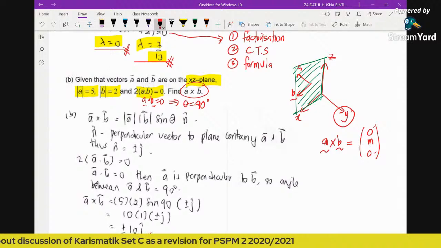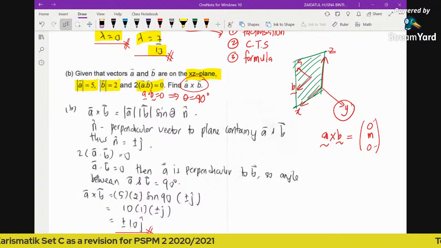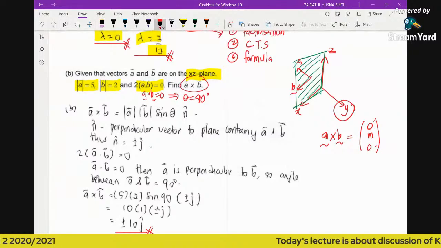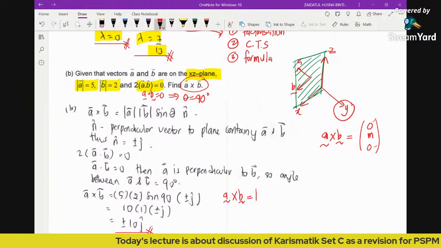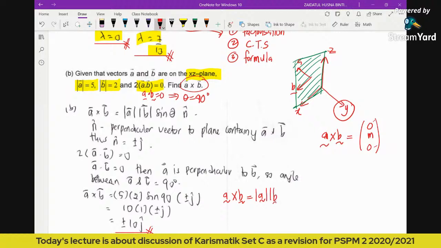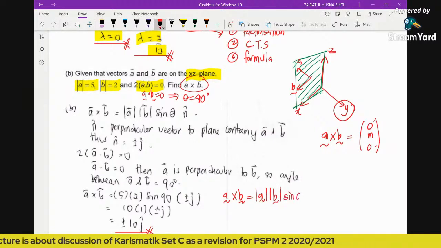If you can see this solution, we are going to use the formula of cross product. What is the formula of cross product? A cross B is equal to magnitude A, magnitude B, sine theta, multiplied by a unit vector.